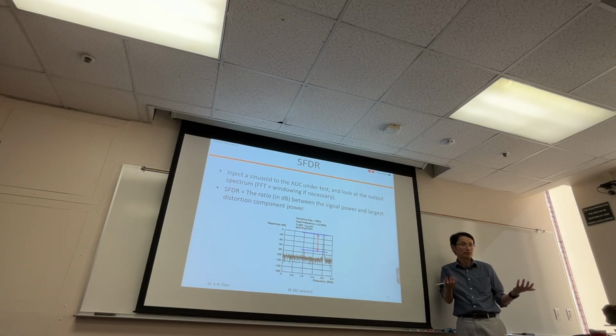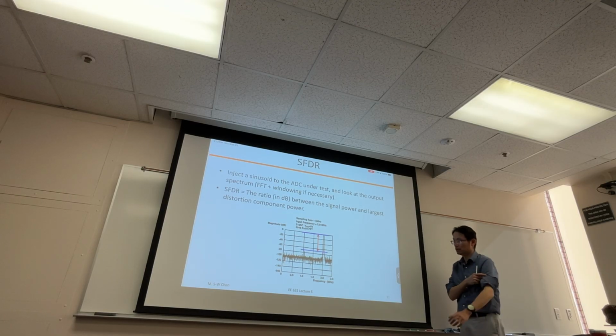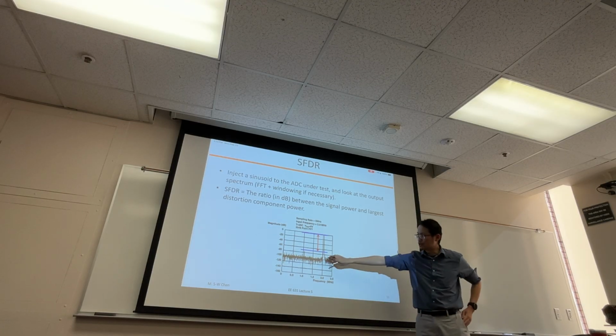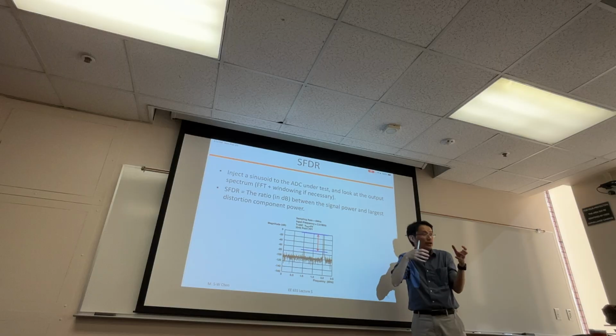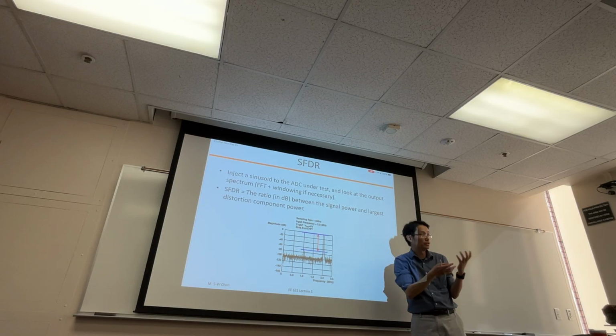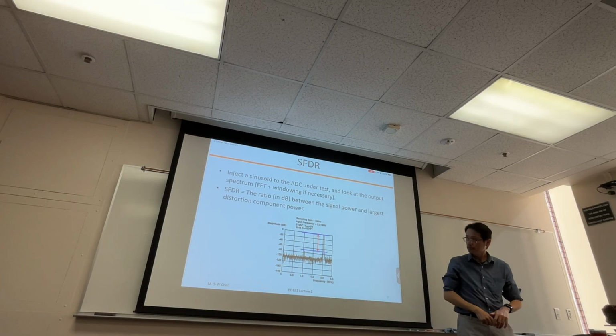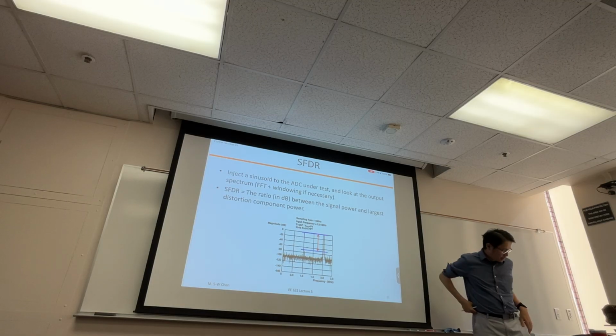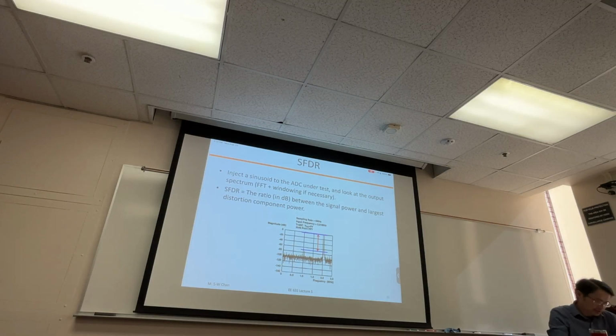Especially in a simulation environment, you can totally do that, and then you don't need to worry about this spread due to the main lobe of the windowing function. Remember?